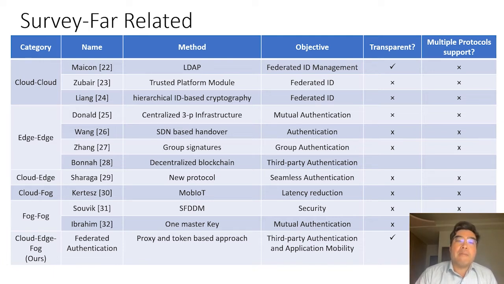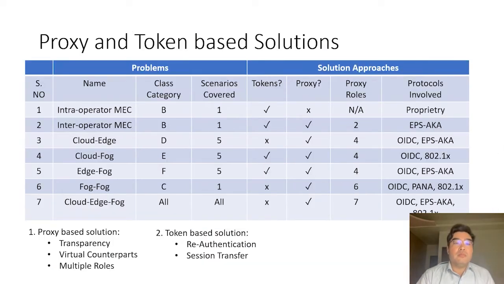They try to have their own proposal, without looking at whether these proposals can coexist with existing protocols. So certainly they are not transparent, and they don't deal with multiple protocols either. In fact, they propose their own protocol. In our approach, we try to be transparent.